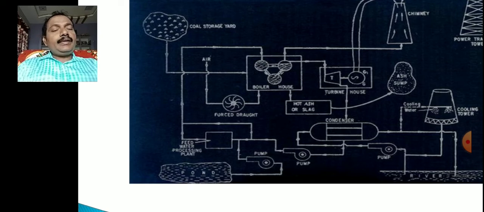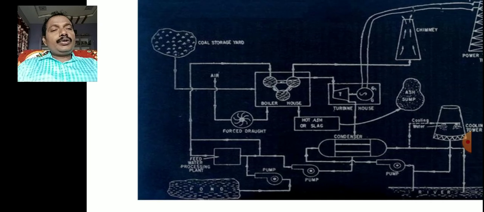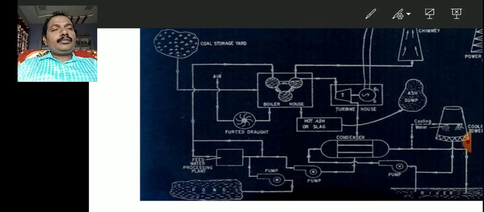Generally the flue gases are utilized by these three important blocks, that is superheater, economizer, air preheater. Though they are not shown in this diagram, they are actually available in the system. To simplify the diagram, they are not shown.